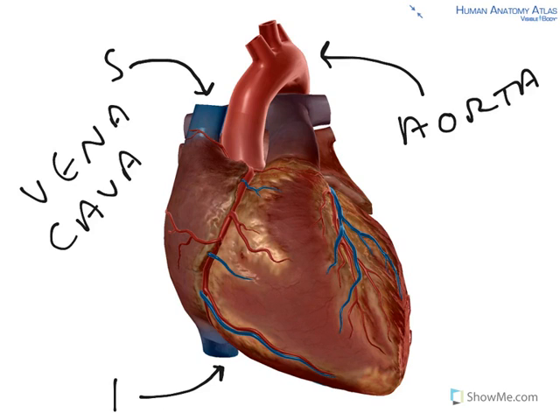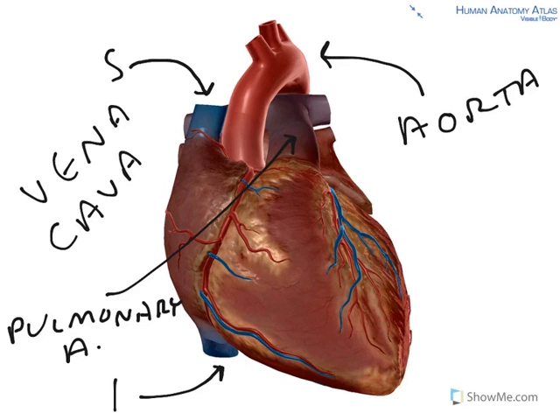Next, we can see a purpley coloured blood vessel, and this is called the pulmonary artery. So this is the pulmonary artery. As we said before, its job is to carry deoxygenated blood from the right ventricle to the lungs.